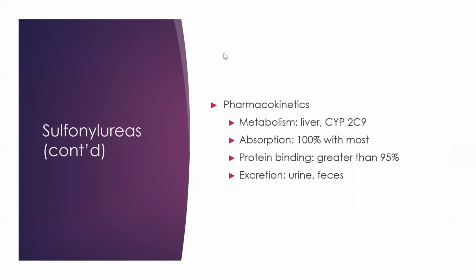Okay, glipizide. Trade name Glucotrol. I always hear glipizide though. It's an anti-diabetic. The goal is reduction of blood glucose levels. The action: it stimulates insulin release from the pancreatic beta cells, reduces glucose output from the liver, and insulin sensitivity is increased at peripheral target sites.